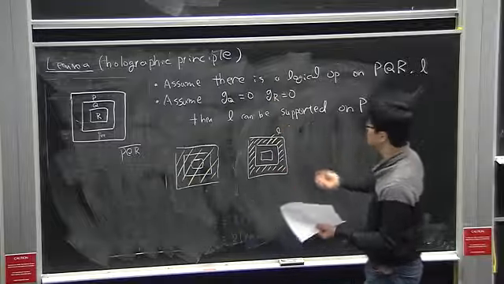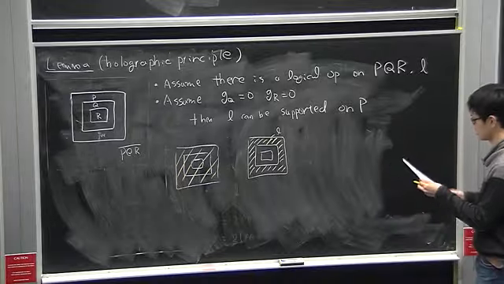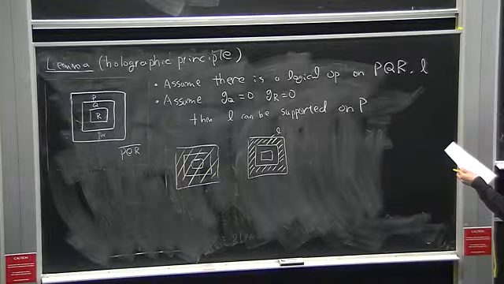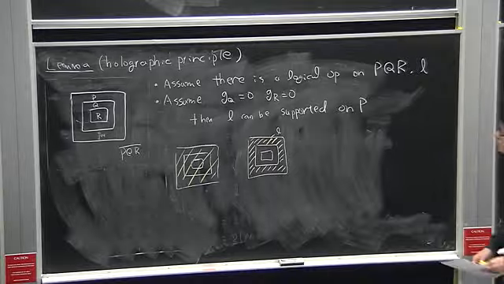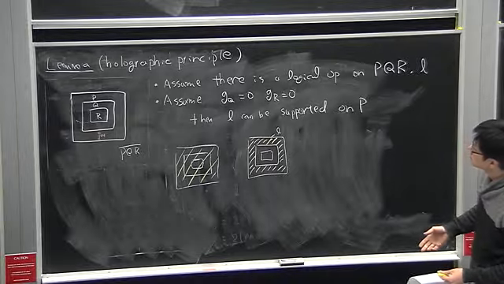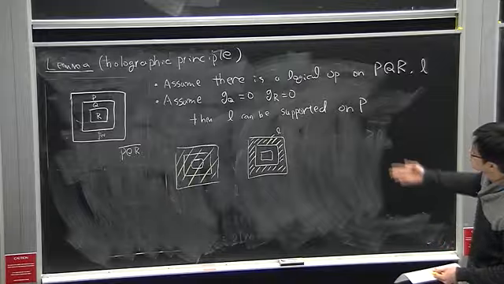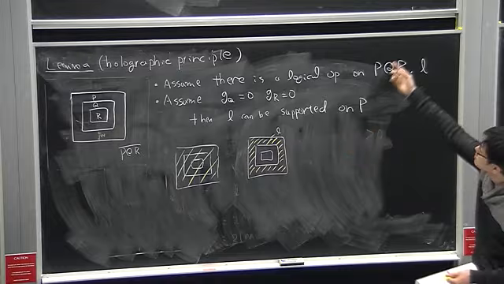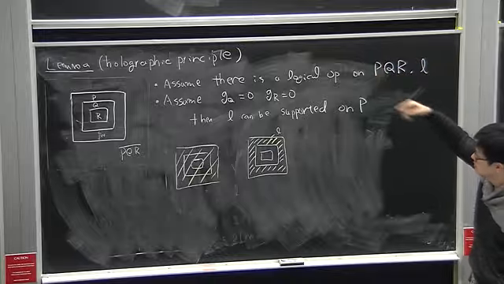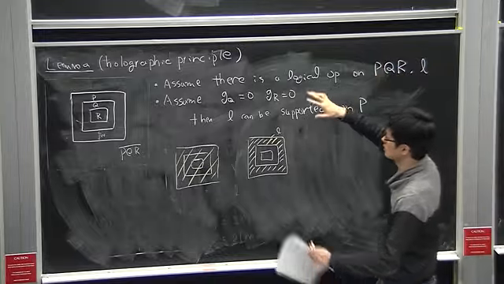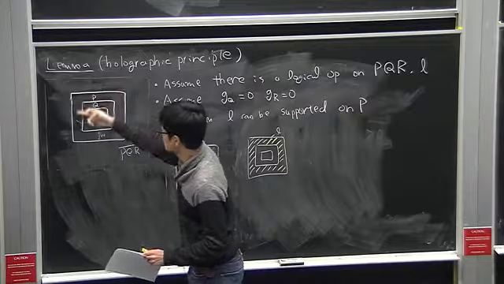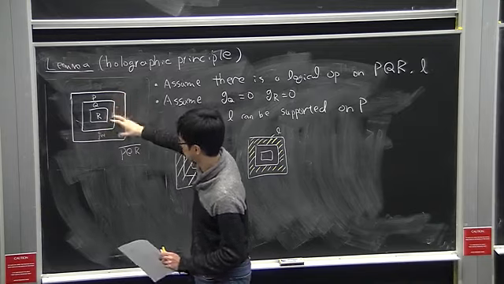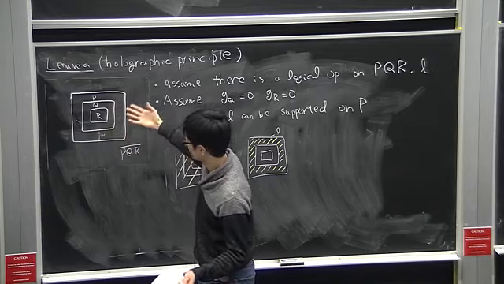So it's like a hologram, and that is probably the reason for this name. And now with this lemma, I think you can see why G_A must be 0, because if you have a logical operator on A, then that could be supported by a much smaller region B, whose volume is order D, not D squared.